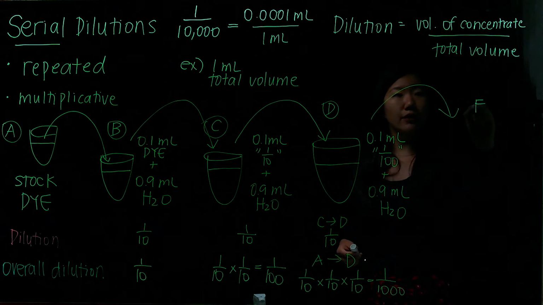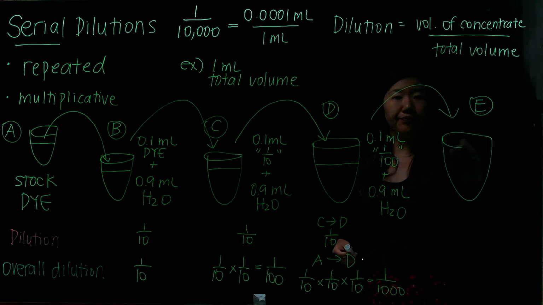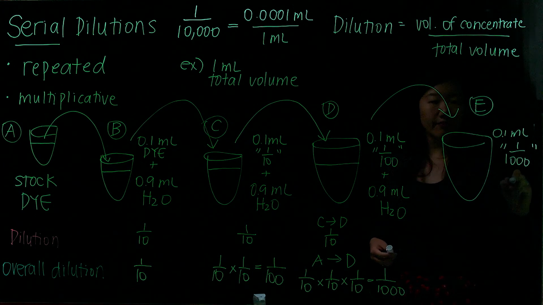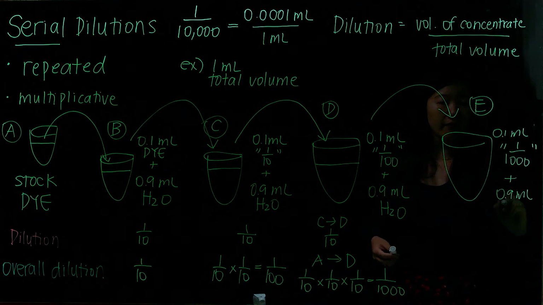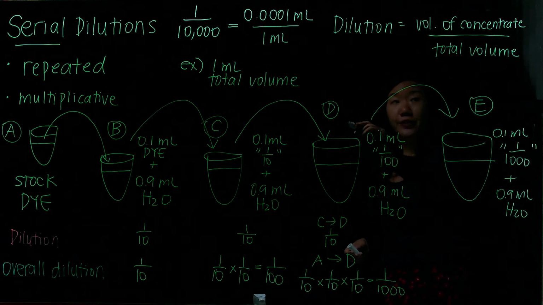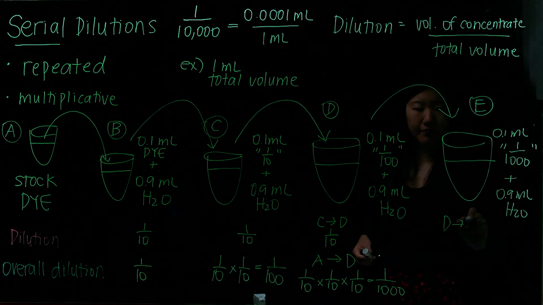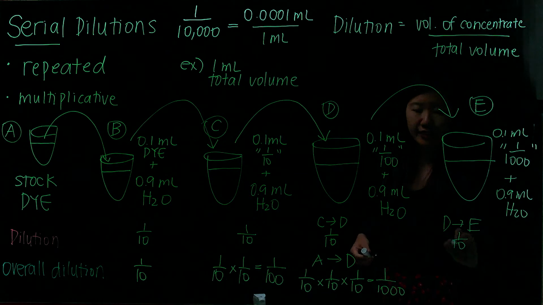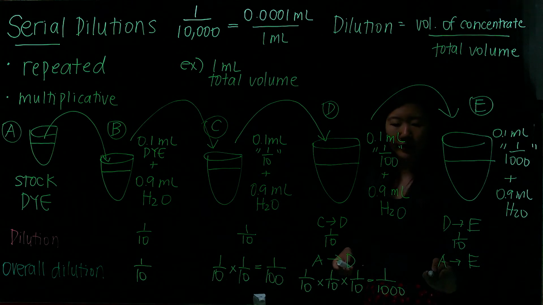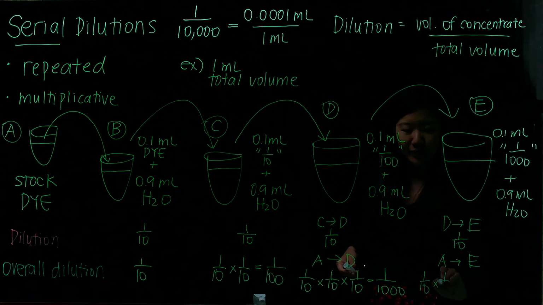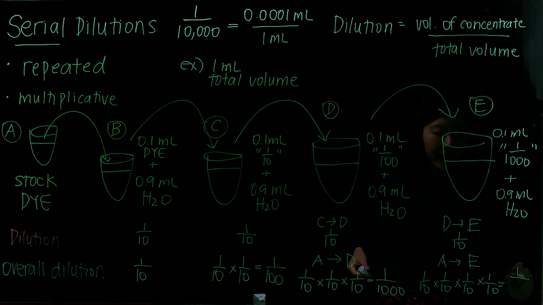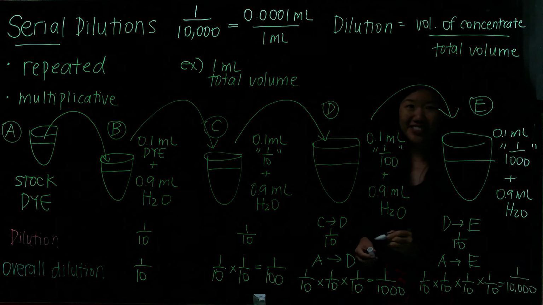And if we do this one more time, again, from tube D to E, it's a 1 over 10 dilution, but from A to E, it is 1 over 10 times 1 over 10 times 1 over 10 times 1 over 10, or a 1 to 10,000 dilution.